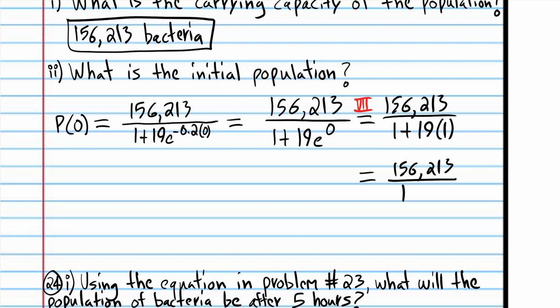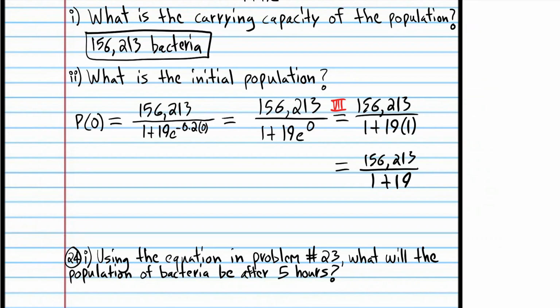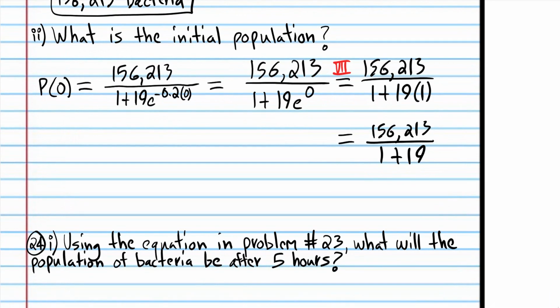So then we have 156,213 over 1 plus 19, and we don't need to show every single step, but we would then get 156,213 divided by 20, which is, well, you can round. It doesn't say really what to round to, but we can just round to the nearest bacteria.